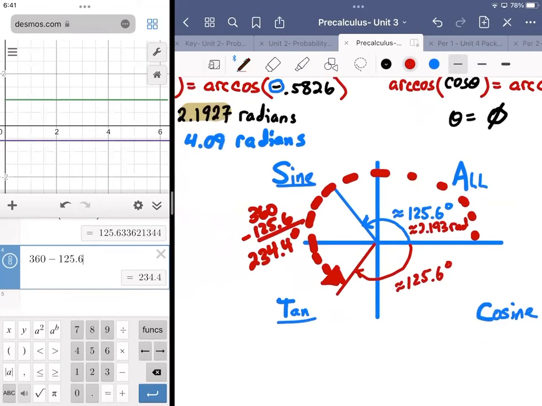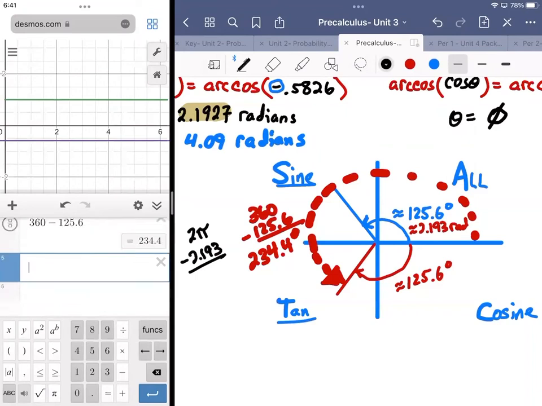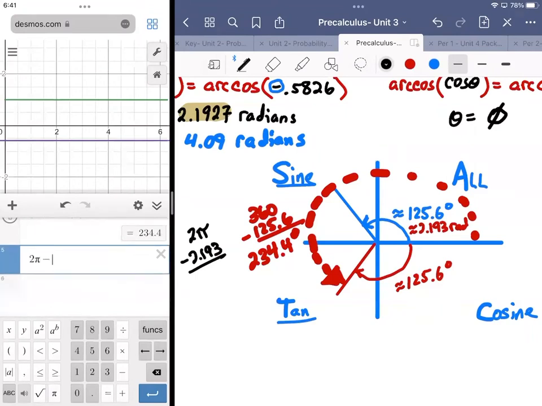If over here we're saying take 360 and subtract from it the angular measure, why not take 2 pi and subtract from it the radian measure? So 2 pi minus 2.193, and from there you get your approximate 4.09 radians. Right, which is what we got using the calculator shortcut.